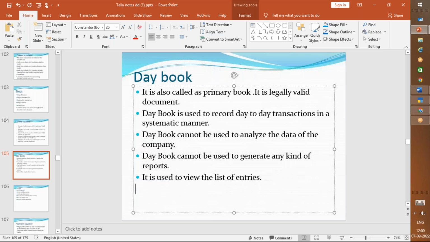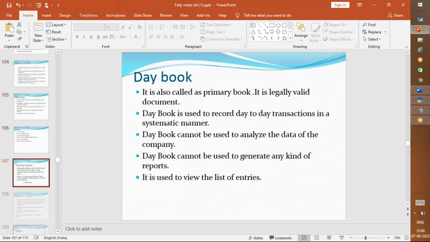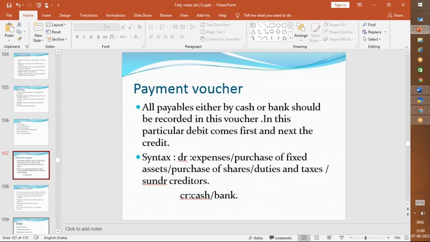Okay, next is the payment voucher. All your payables are recorded in this voucher. So you can see here the syntax, that is the rule in payment voucher: first will be debit and then will be credit.